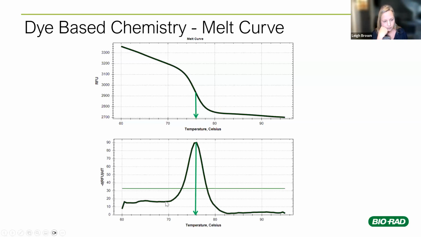So if we, for example, had primer dimers, we would expect to see those at the left end here, coming apart at lower temperatures. And so you would need to do this to confirm that you're only amplifying one product, and you might need to tweak your parameters a little bit if you're seeing multiple peaks here.